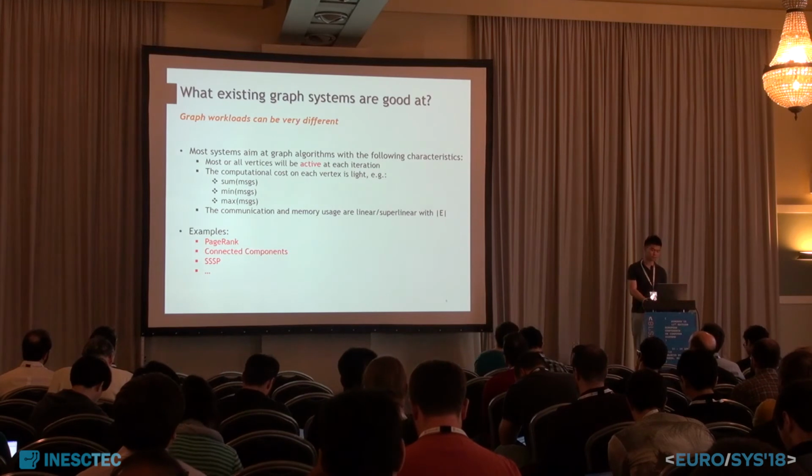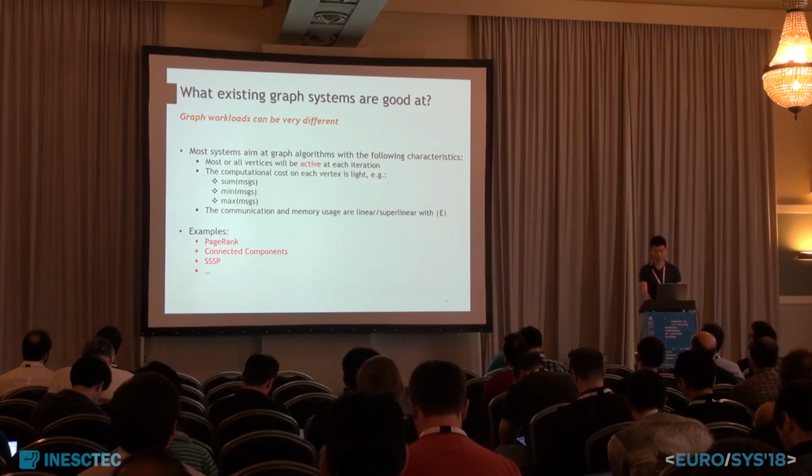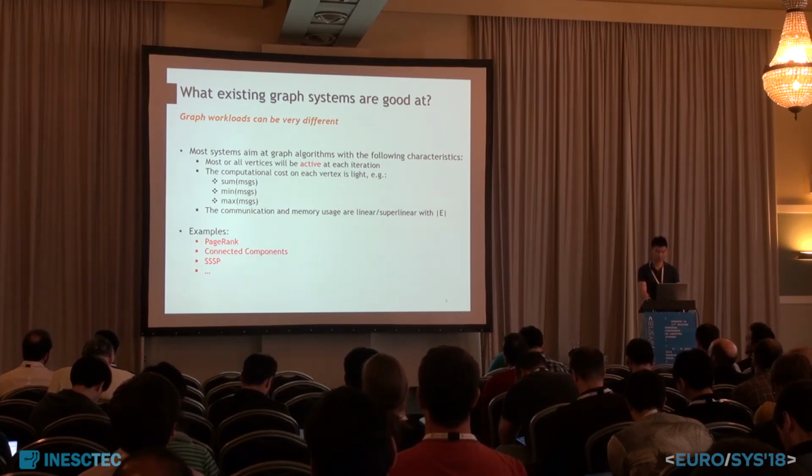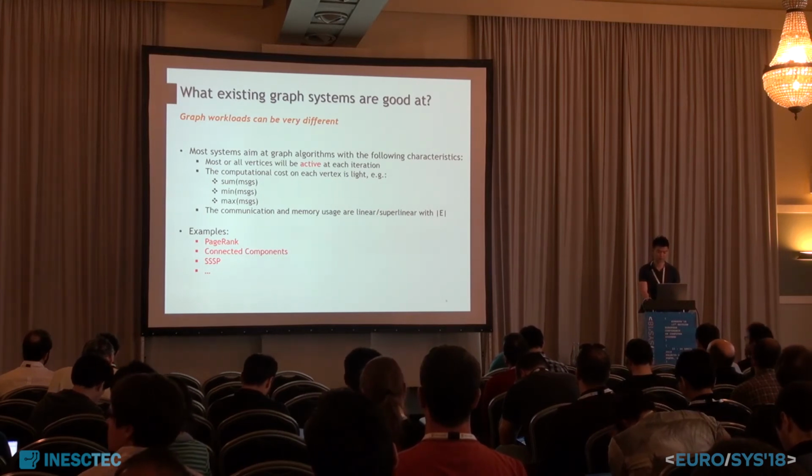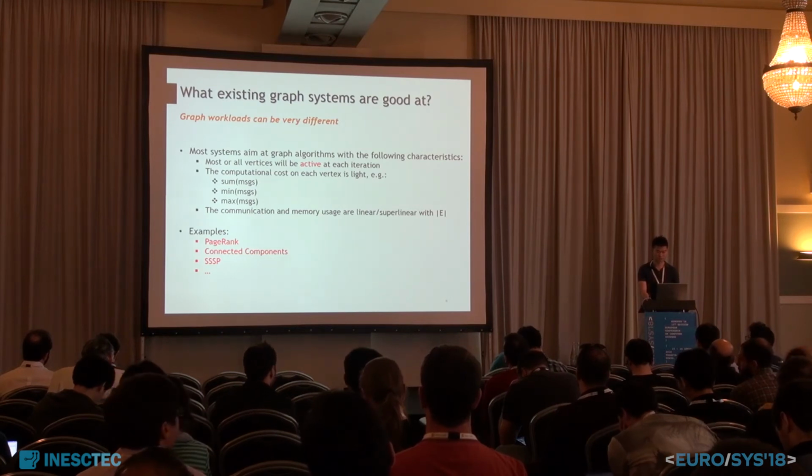But actually, different graph algorithms have different workloads. Most of the above systems are designed for graph algorithms with the following features. First, most of the vertices are active in each superstep or iteration, and the communication cost on each vertex is relatively lightweight.